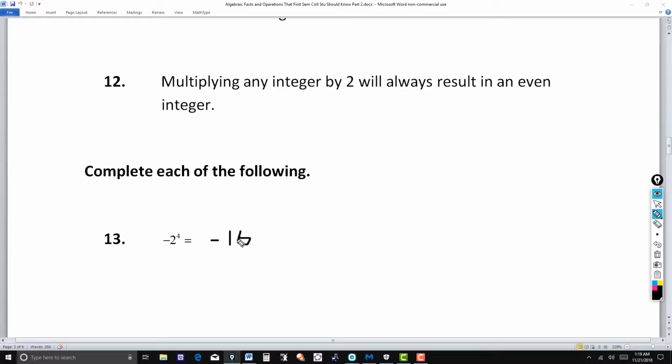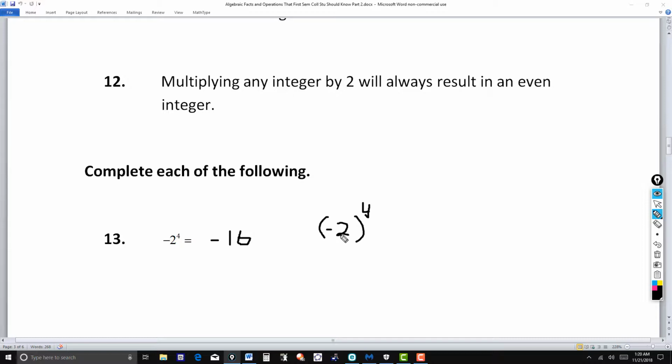Okay, so when you see -2 to the 4th power, it doesn't mean this, okay? It doesn't mean this. The base is not -2. So when you see an exponent here 4, that means the base is taken as a factor 4 times. Now if the base were -2, if it had parentheses like this, then the base is -2. 4 factors of -2, I would give you positive 16.